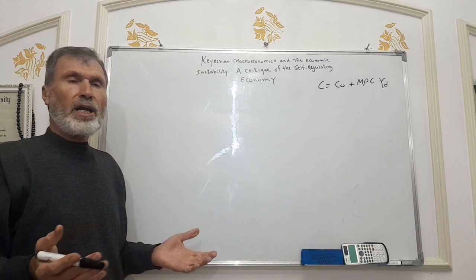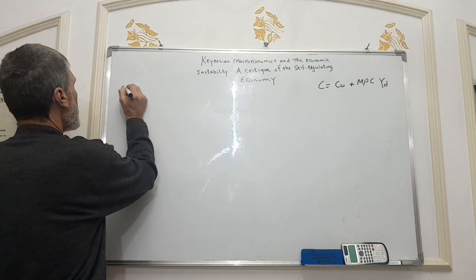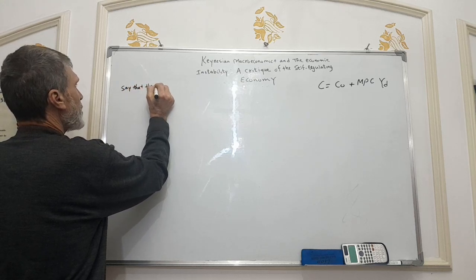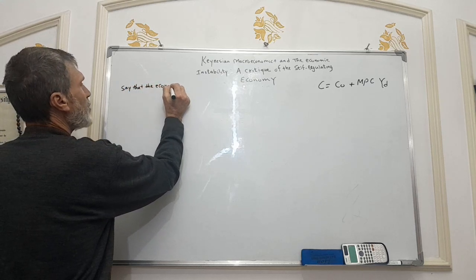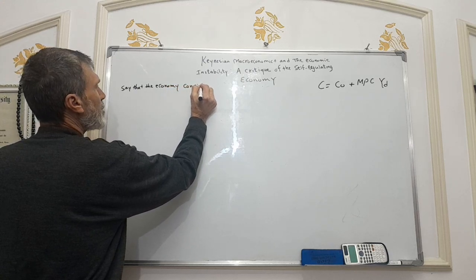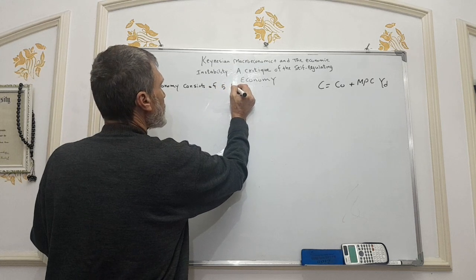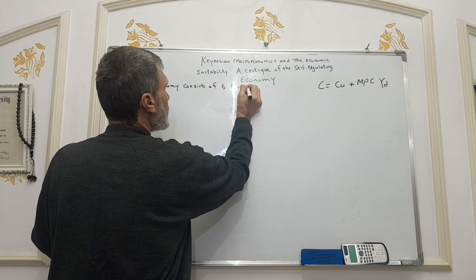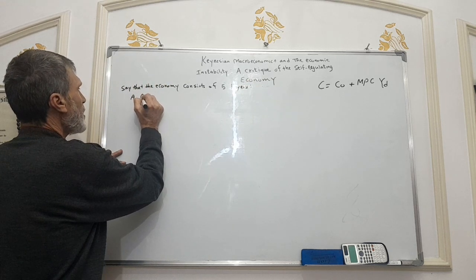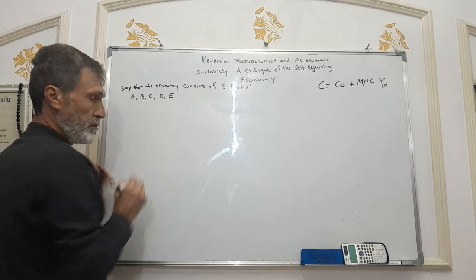Consider that the economy consists of, say, 5 individuals. Say that the economy consists of 5 buyers or individuals, A, B, C, D, and E. Okay?